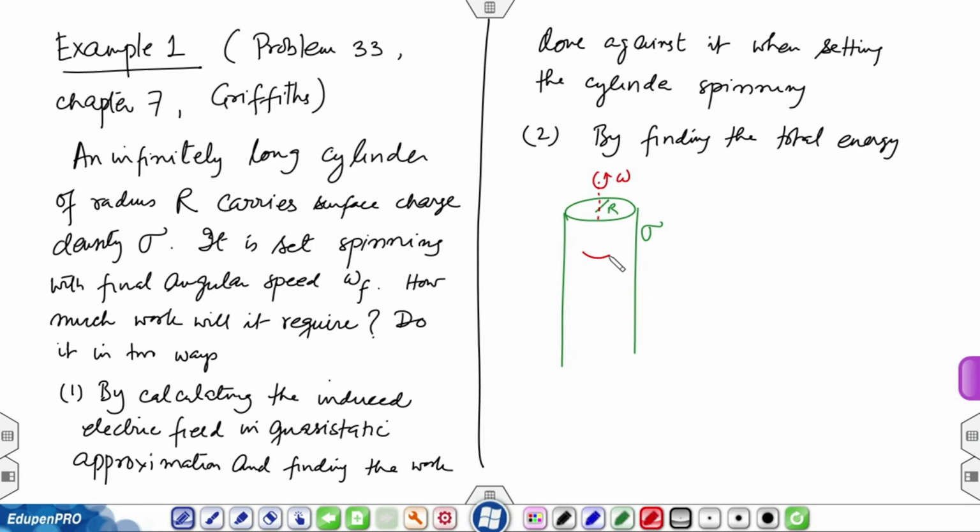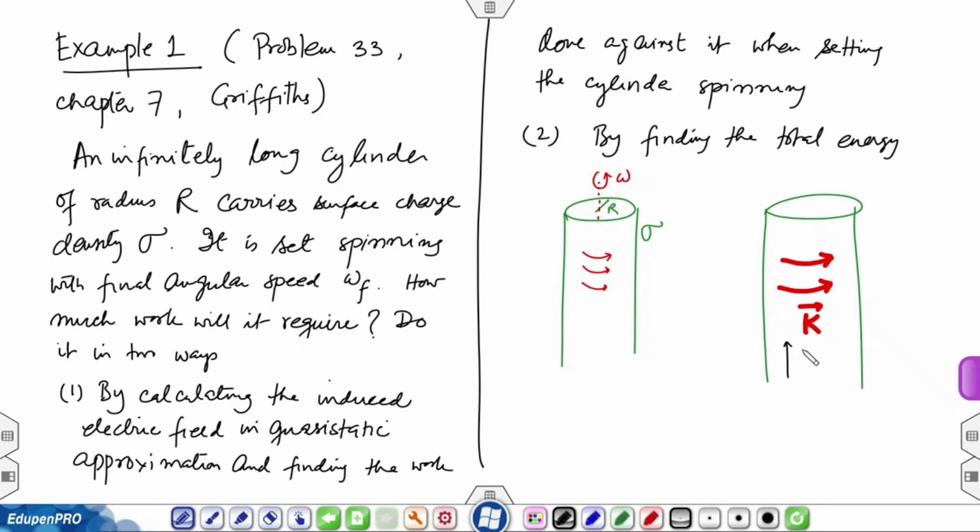When we are giving it a spin like this, this is going to be equivalent to a surface current K being set up. And if there is a surface current, it is going to set up a magnetic field inside.